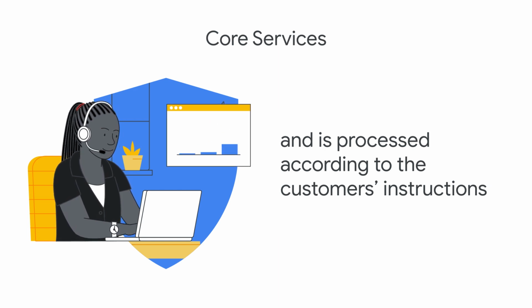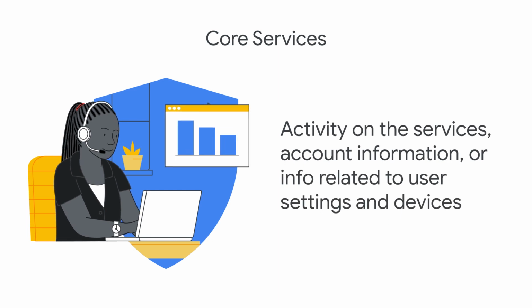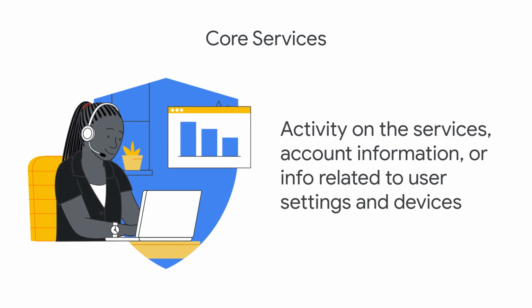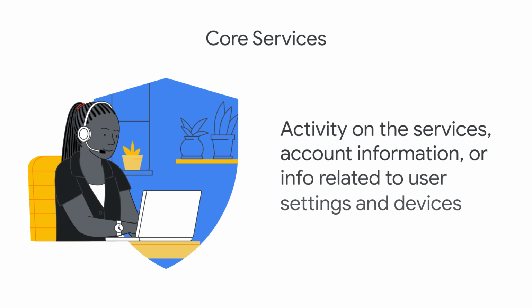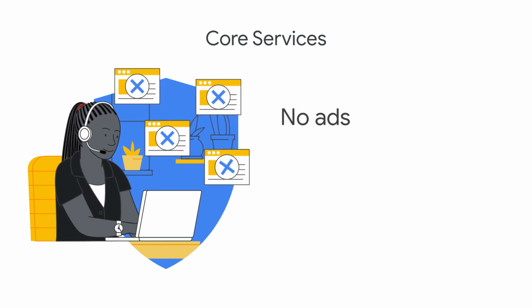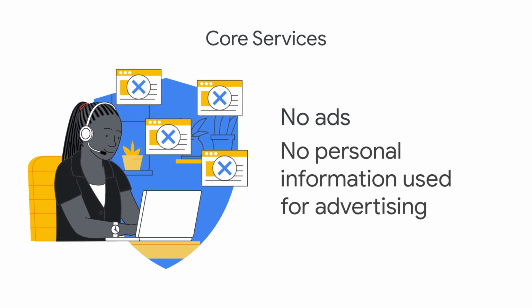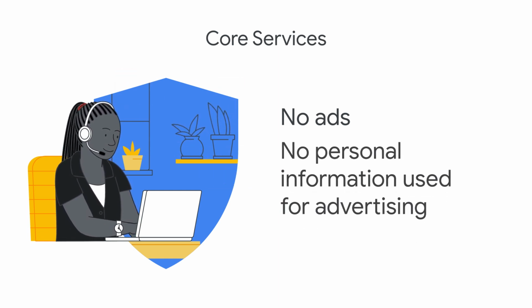Second, Google also collects information through the use of the services, such as activity on the services, account information, or info related to user settings and devices. It's important to note that there are no ads shown in Google Workspace for Education core services, and no personal information collected when using core services is ever used for advertising purposes.